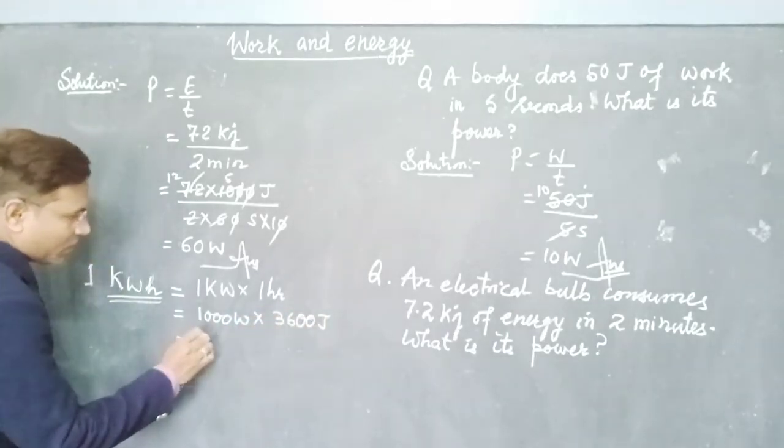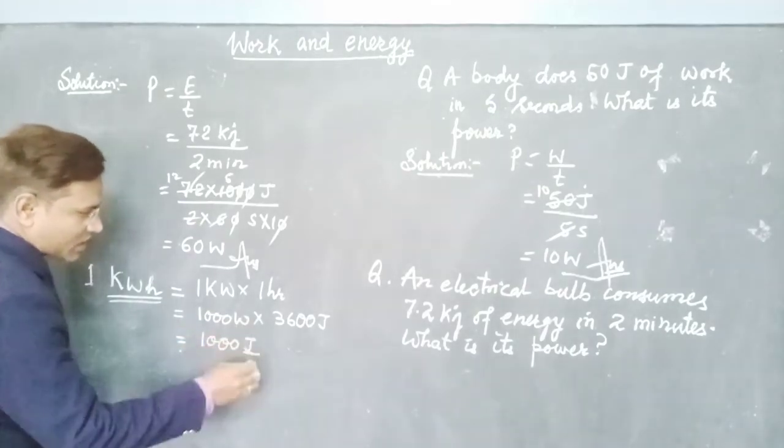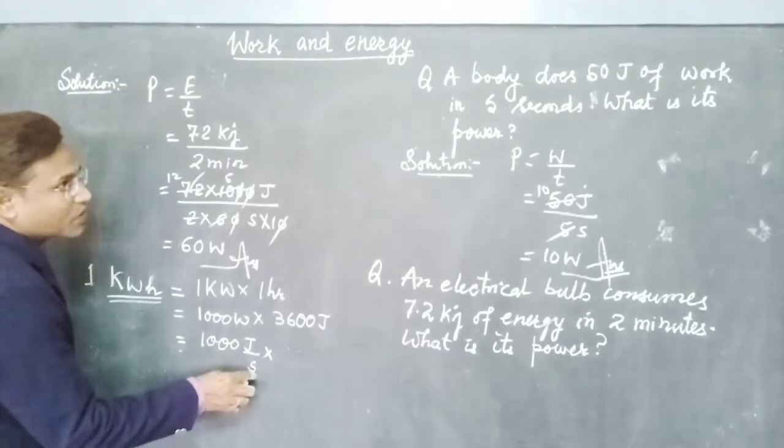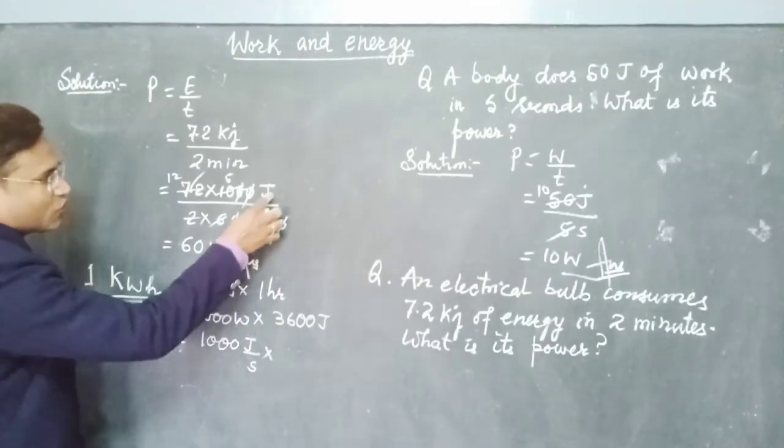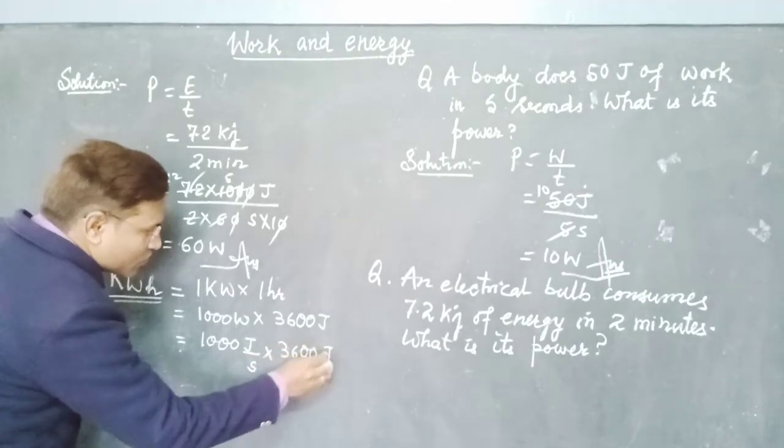So it will be 1000 joule per second, because watt is joule per second.